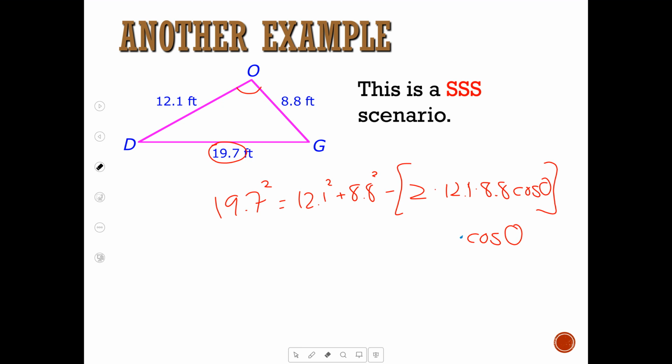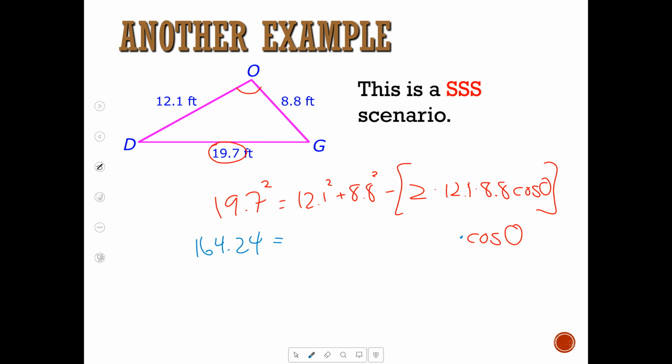On my calculator, I'm doing 19.7 squared minus 12.1 squared minus 8.8 squared and getting an answer of 164.24. 164.24 equals.